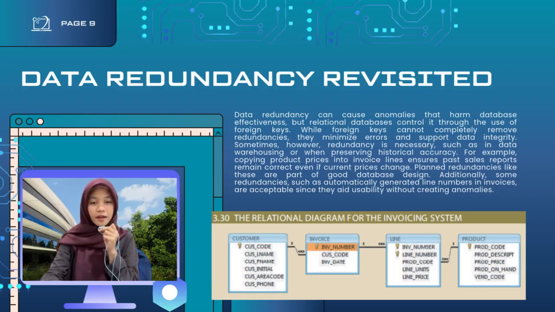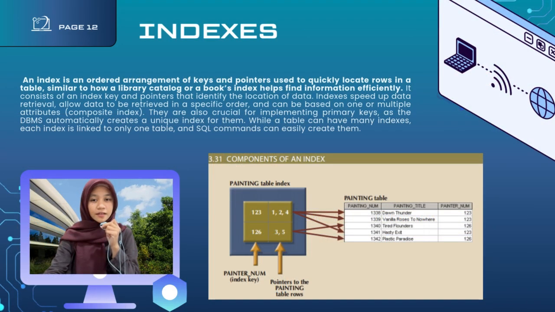For example, copying product prices into invoice lines ensures past sales reports remain correct even if current prices change. Planned redundancies like these are part of good database design. Additionally, some redundancies, such as automatically generated line numbers in invoices, are acceptable since they aid usability without creating anomalies.